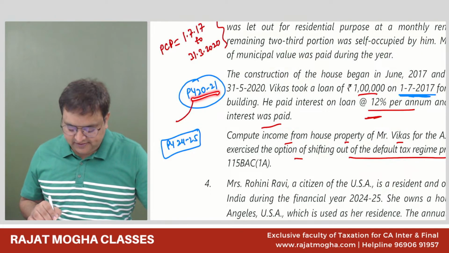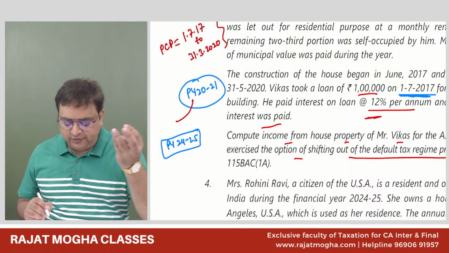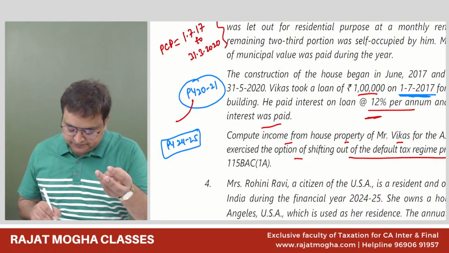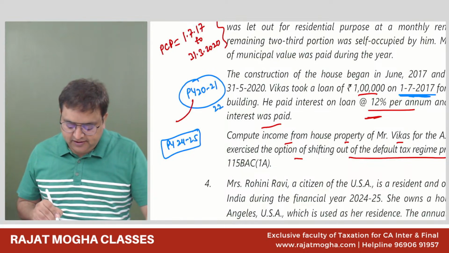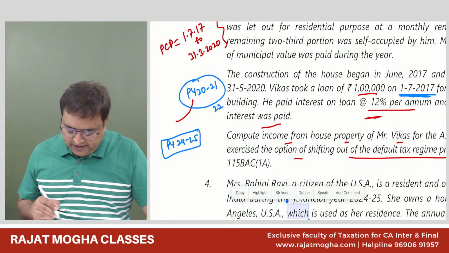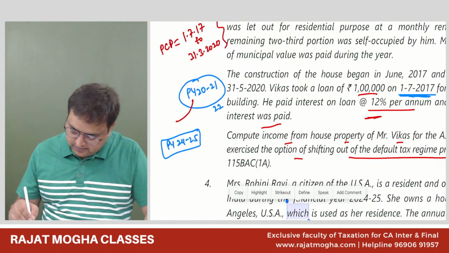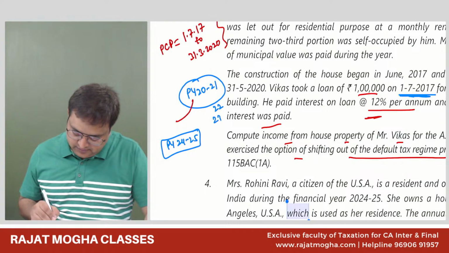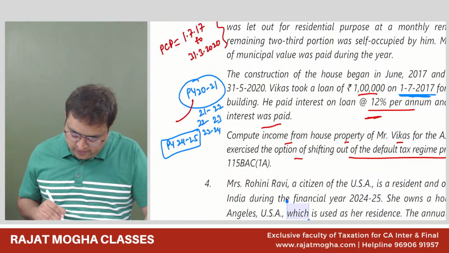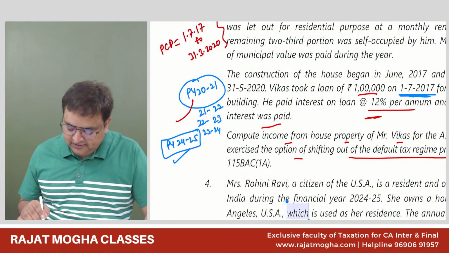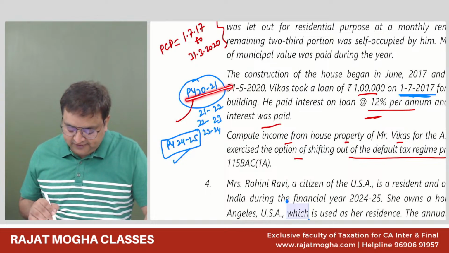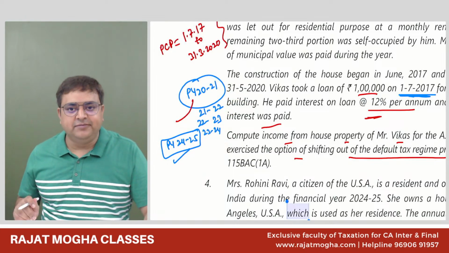Then if you just calculate, previous year 21-22, 22-23, 23-24, and 24-25. Yes, we are in the 5th year. So this is the first year, second year, third year, fourth year. We are in the 5th year. So yes, pre-construction period is there.